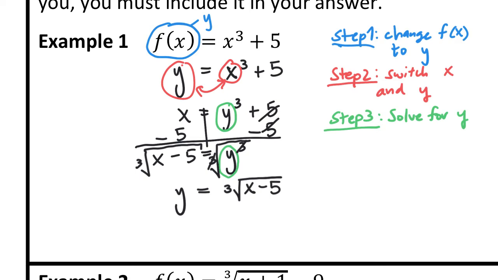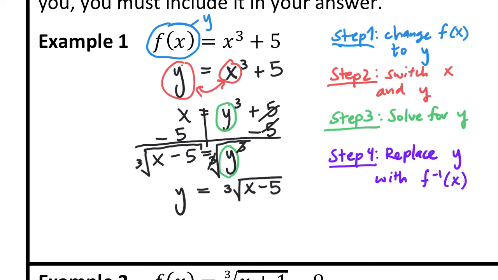And then the last step, step 4, replace y with f inverse of x.